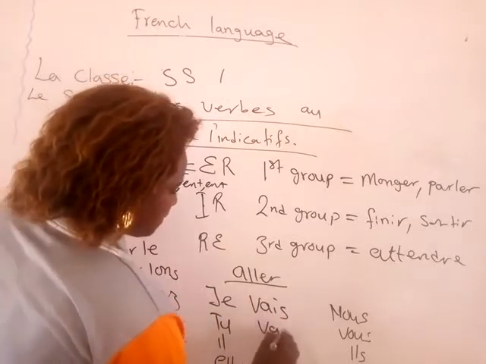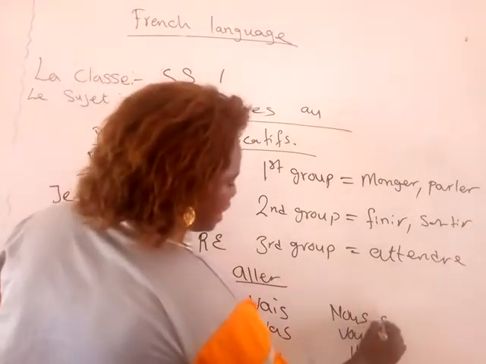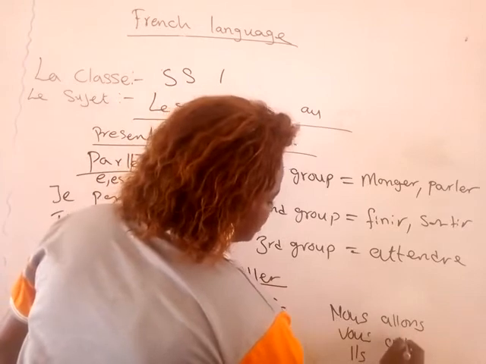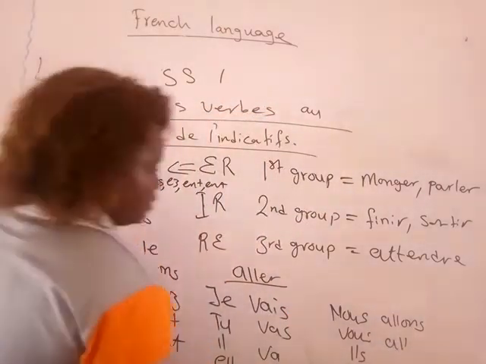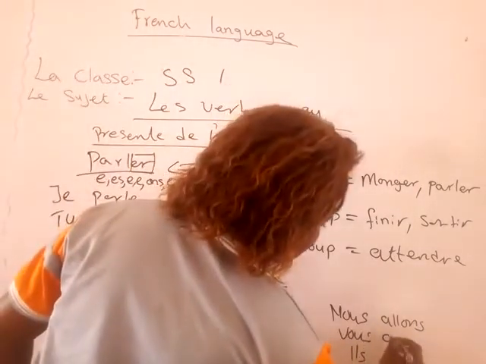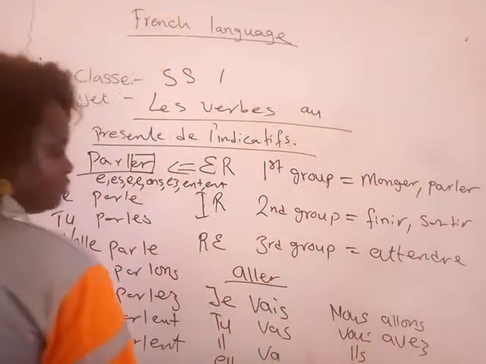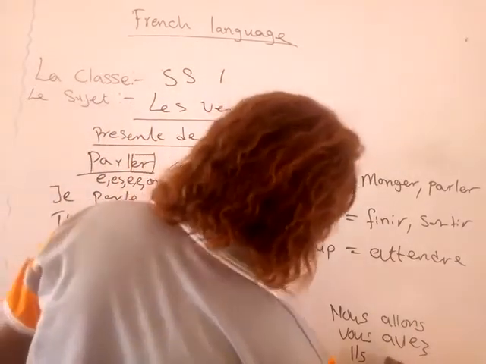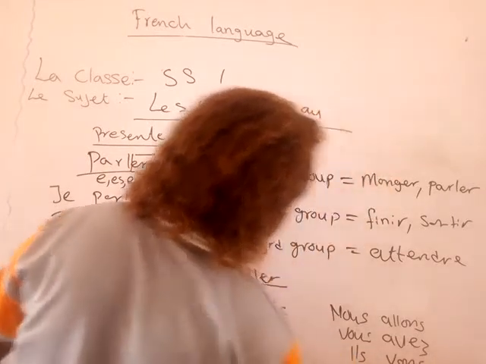Je vais, tu vas, il va, elle va, nous allons, vous allez, and then we have ils vont and elles vont.